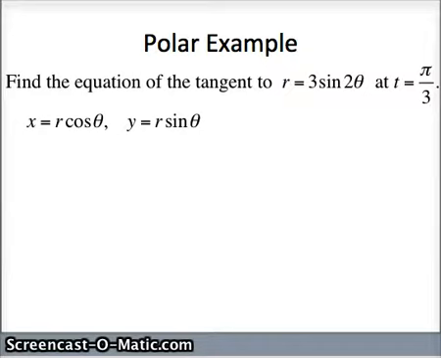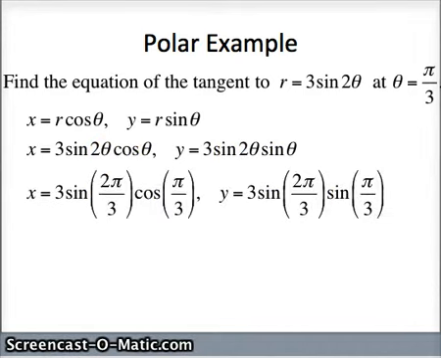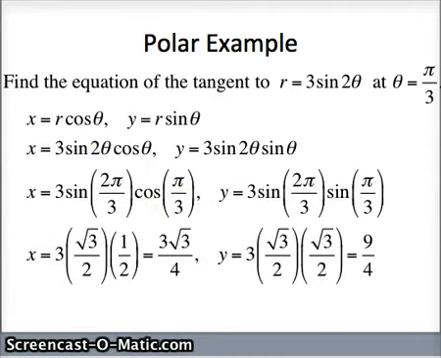So what do we have here? X is 3 sine 2 theta cos theta, and y is 3 sine 2 theta sine theta. Replacing theta with pi/3, we get that. Of course, the sine of 2 pi/3 is √3/2, and the cos of pi/3 is 1/2. Sine of pi/3 also √3/2.